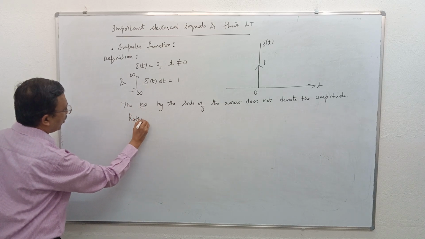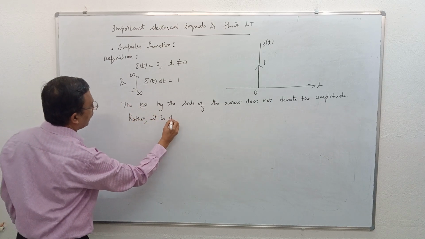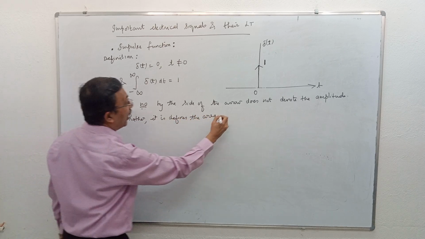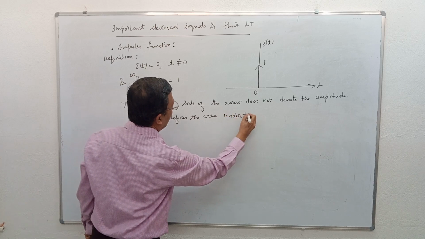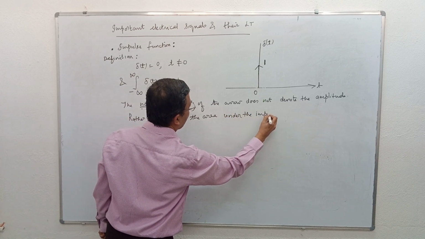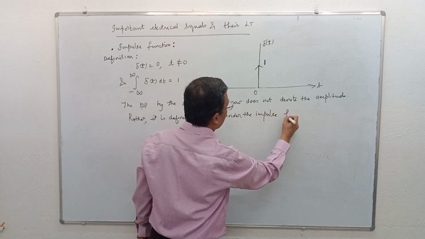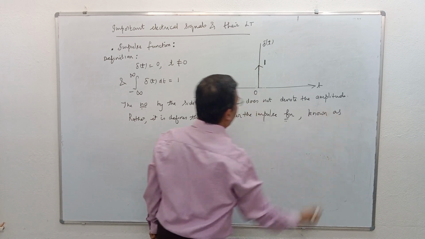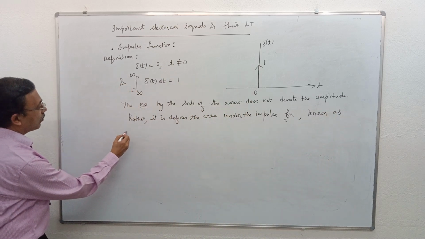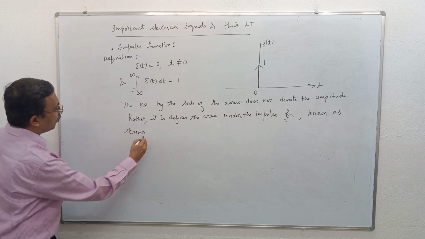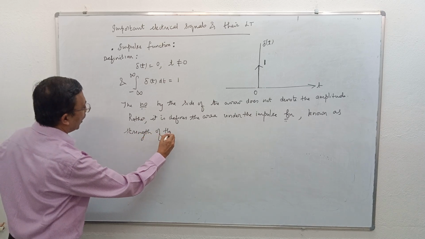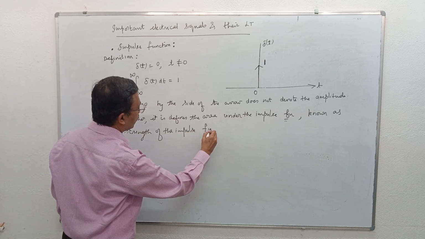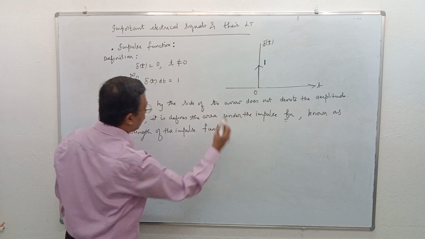Rather, it defines the area under the impulse function. Area under the impulse function is known as the strength of the impulse function.